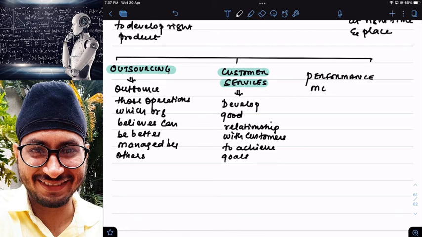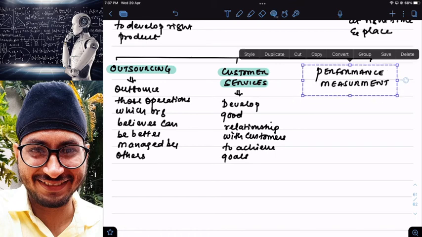Performance measurement. What do we mean by performance measurement?